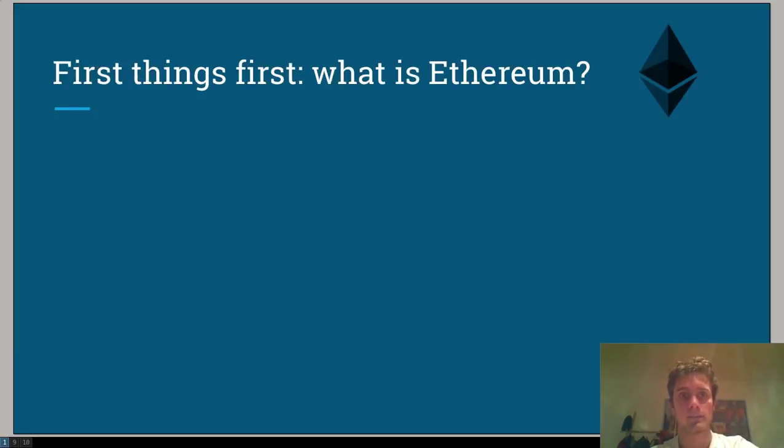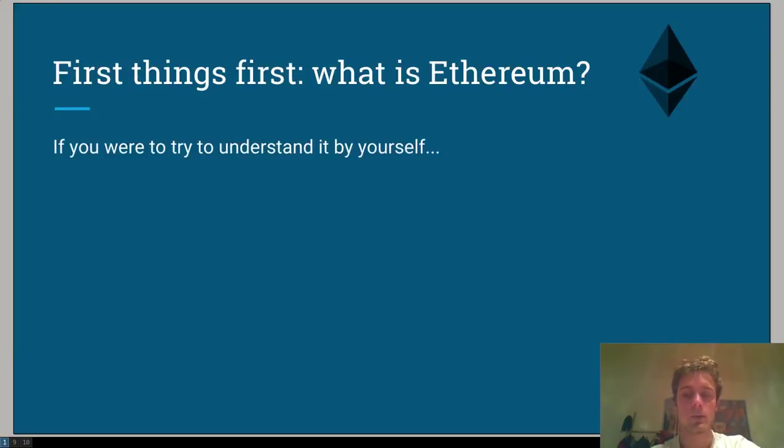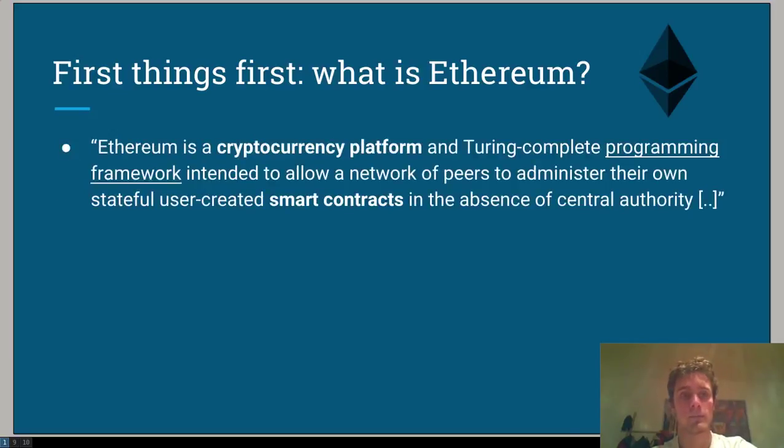What is Ethereum? If you were to look up on Google what Ethereum is, that's the kind of stuff you would end up finding, so bear with me. Ethereum is a cryptocurrency platform and Turing-complete programming framework intended to allow a network of peers to administer their own stateful, user-created smart contracts in the absence of central authority.